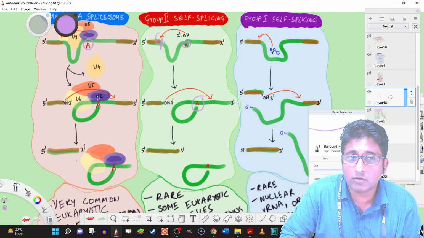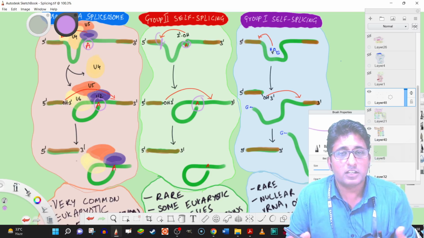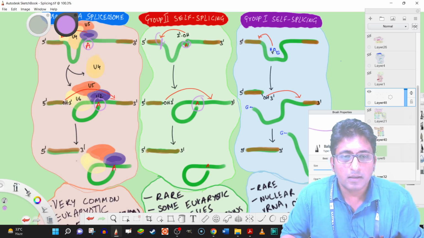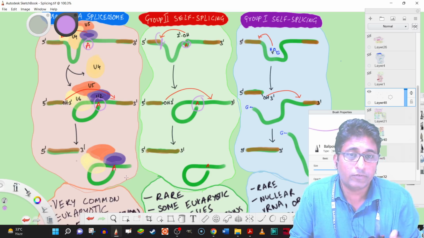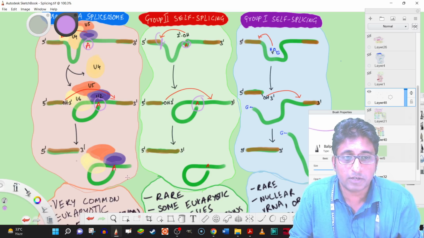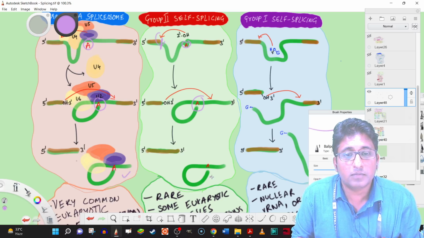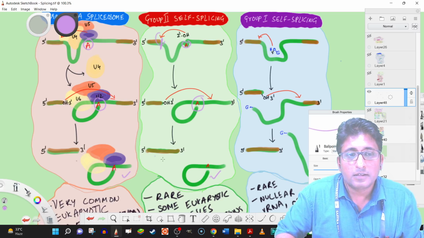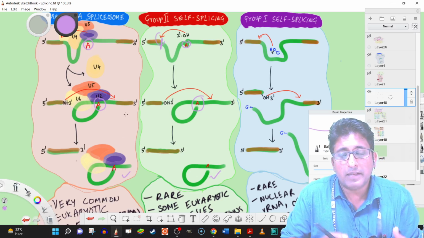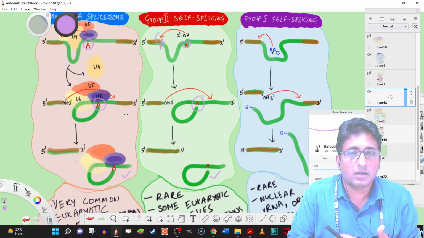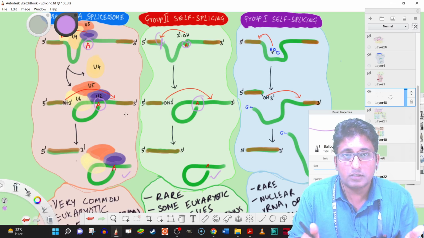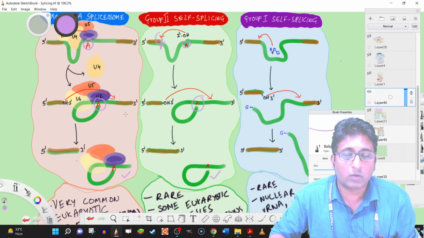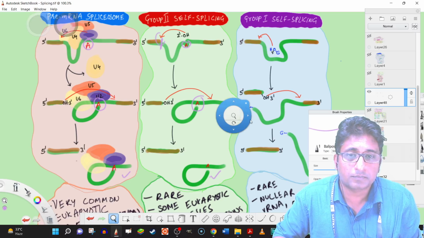The same thing also happens in the pre-mRNA spliceosome ones. And the end product of these two, because of the way the chemistry happens, is the lariat in both cases. So group 2 and pre-mRNA spliceosomes are very similar in terms of their chemistry, only that the spliceosome requires an additional factor.